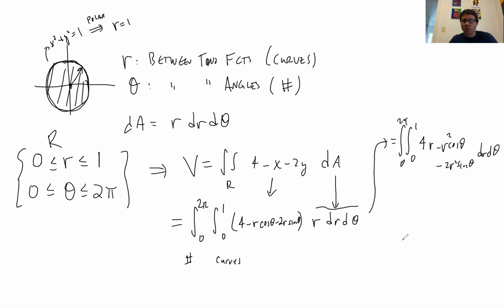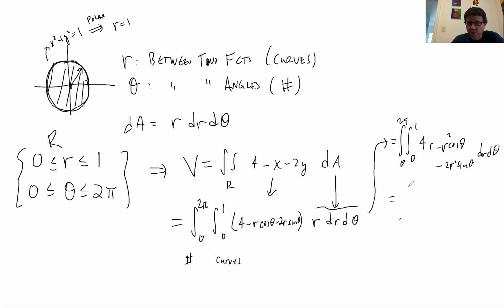So now it just becomes a regular integral. You do the r's first, thinking of theta as constant, plug in the bounds for r, then do theta next, and then you'll have your answer for the volume of that truncated, cropped off cylinder.